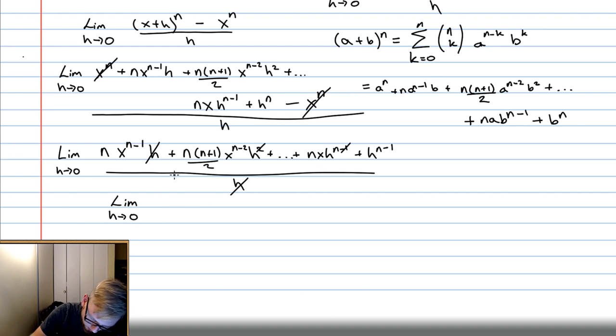h approaches 0. n x to the n minus 1 plus n times n plus 1 over 2 x to the n minus 2 h plus dot dot dot plus n x h to the n minus 2, right, yeah, plus h to the n minus 1.